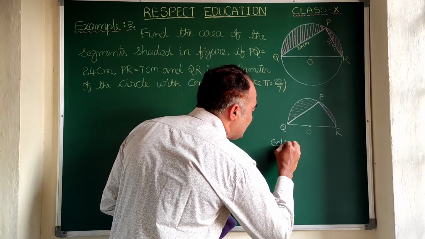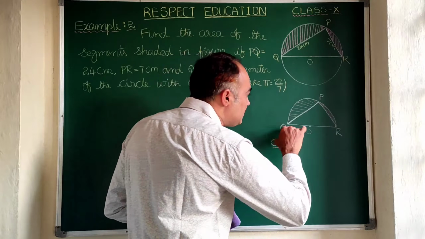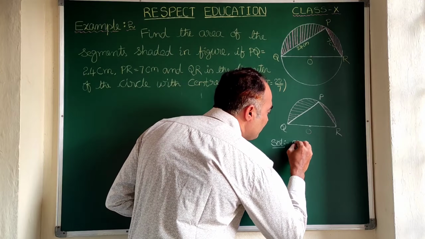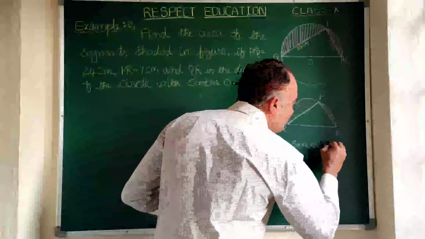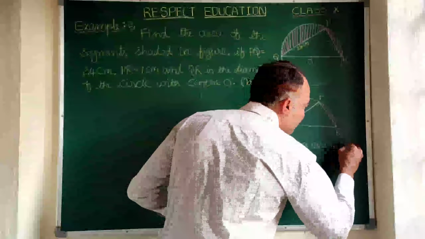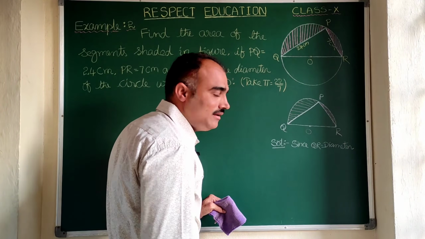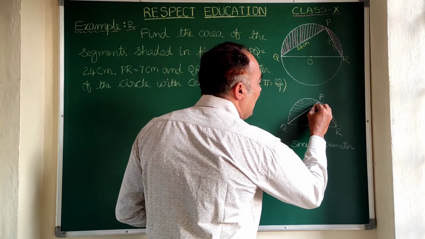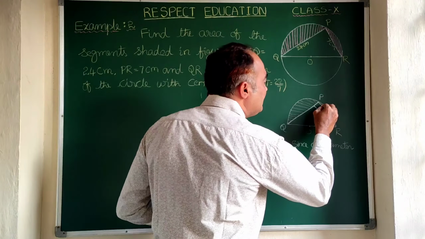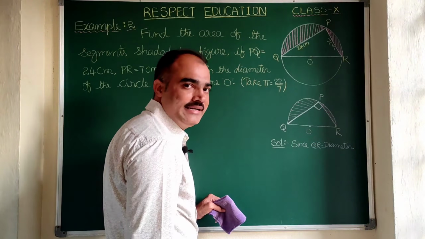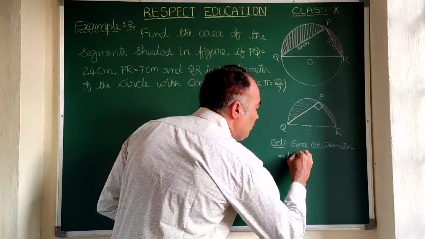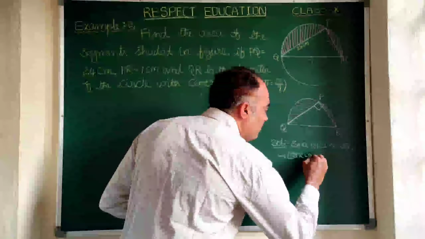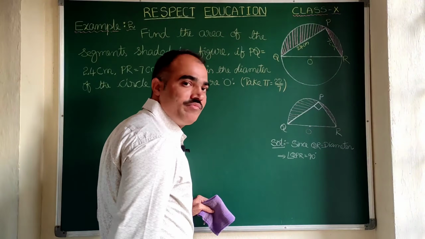The solution is that since QR is the diameter of the circle, we can say that angle P is the angle in a semicircle, that is 90 degrees. That implies angle QPR is equal to 90 degrees.